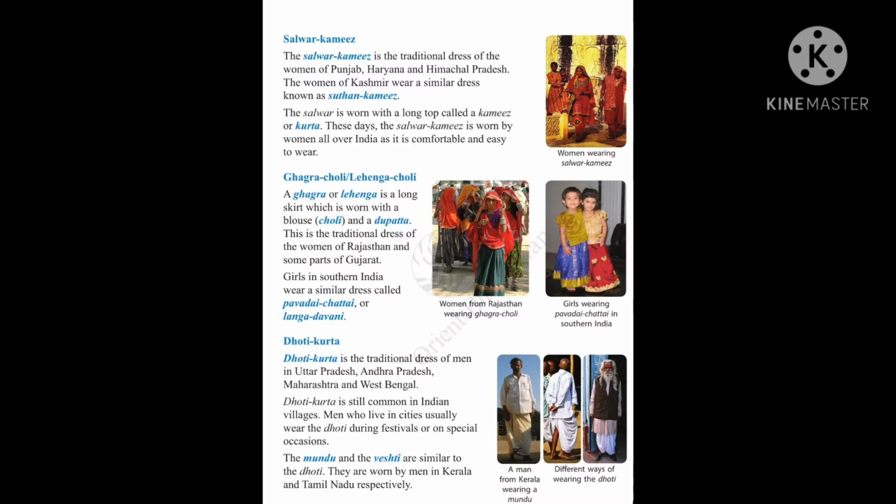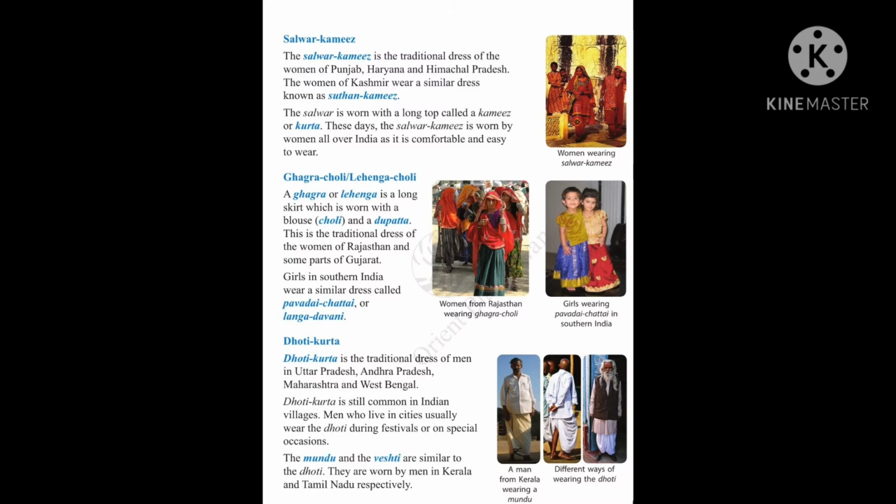The women of Kashmir wear a similar dress known as sultan kameez. The salwar is worn with a long top called a kameez or kurta. These days, the salwar kameez is worn by women all over India as it is comfortable and easy to wear.